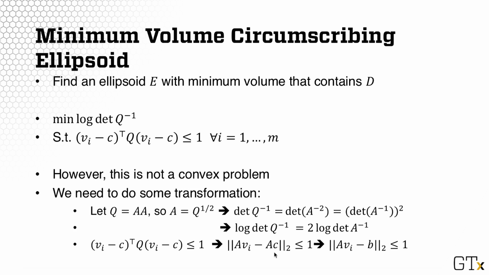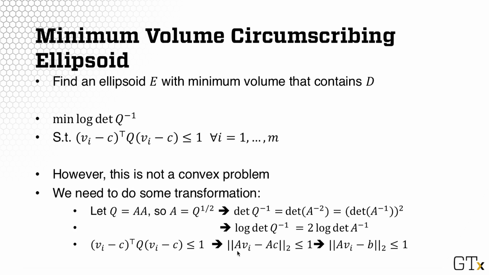Because the Euclidean norm squared of this is exactly this whole thing transpose times this, which is exactly equal to the original constraint. So if you look at this, this is a convex constraint in A.